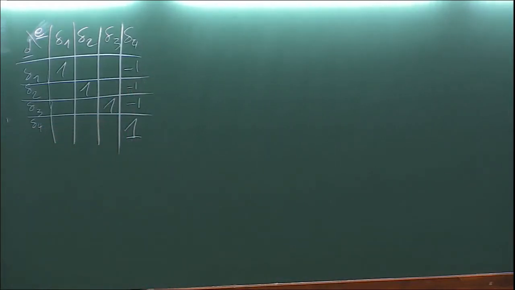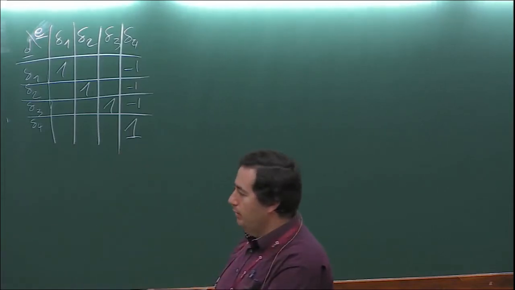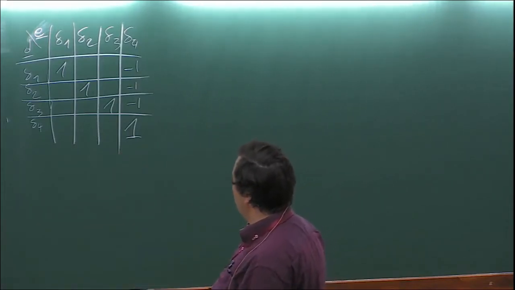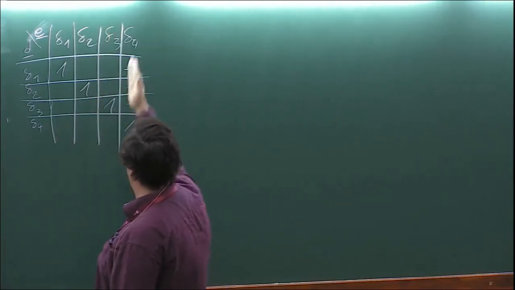Okay, using that and using basic things that you all know, you can compute that this is equal to, I hope I didn't make a mistake, but a priori I checked, x1 x4 to the minus 1. I mean, let's do it really for this one. I will not do it for anybody else, but here the second term is delta 2 plus delta 3 plus delta 4, so you are summing these three columns.